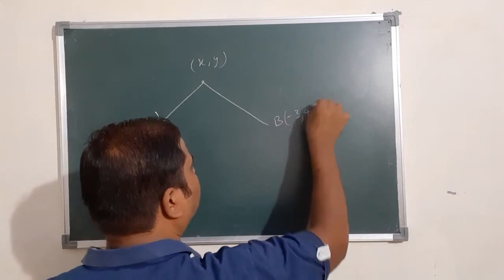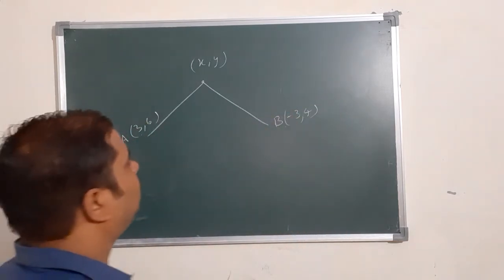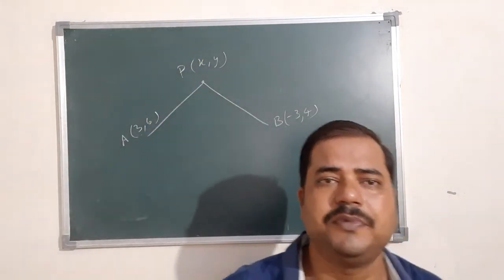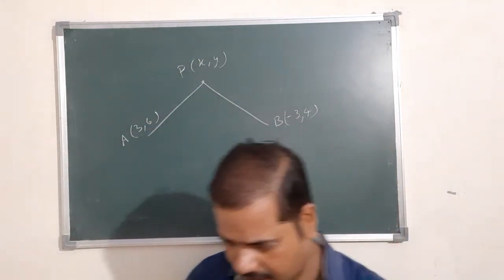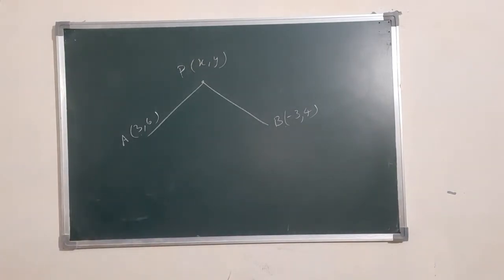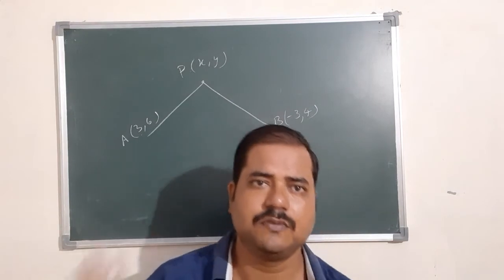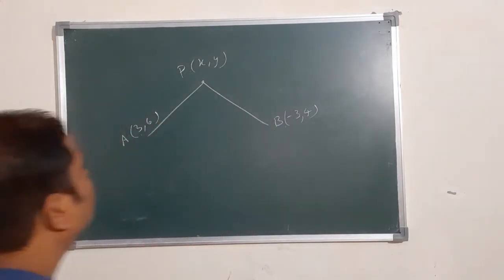So these are the points from which the point P(x, y) is equidistant. Then you have to find the relation between x and y. So this is the last question of the exercise. In the next lecture we will discuss the section formula and then solve exercise 7.2. So first of all we complete this question.